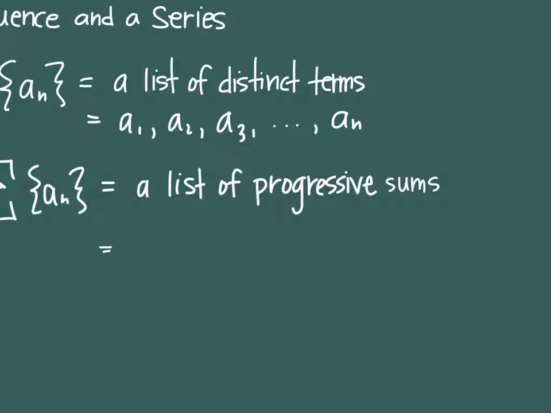And so it will start as a1, but the next value would be a1 plus a2. And the next value would be a1 plus a2 plus a3, and so on till you get to the end.